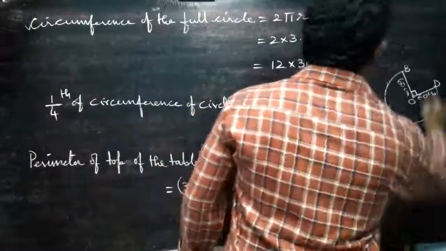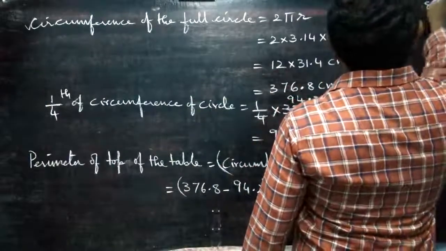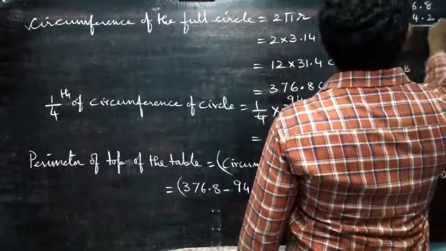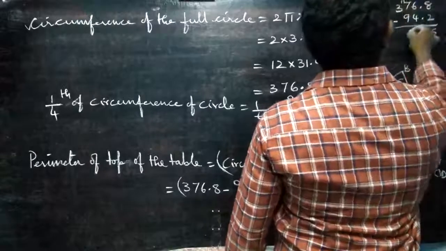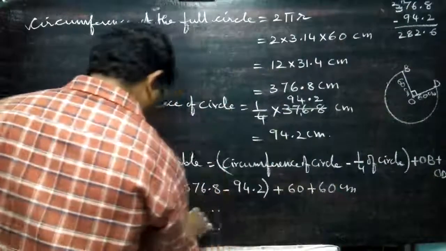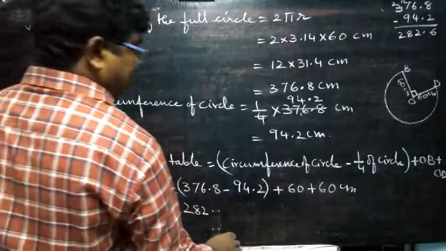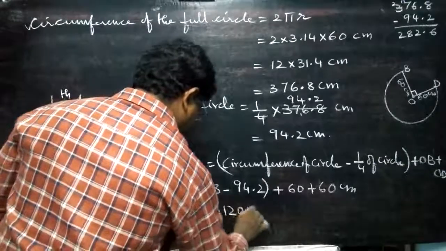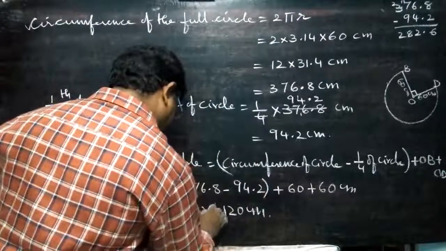Subtract 376.8 minus 94.2. 6 2, here 17, 8 here 2. So you got 282 plus 120, because 60 plus 60 is 120. 0.6 is there, don't forget.